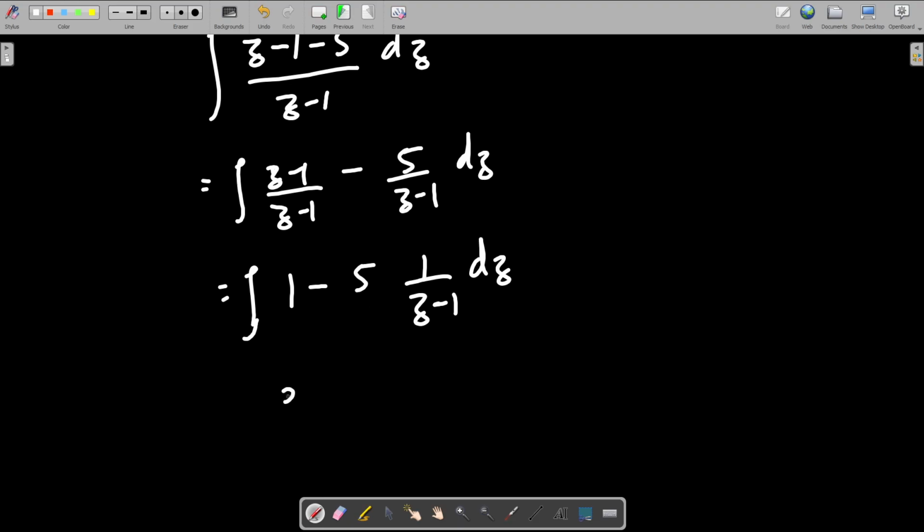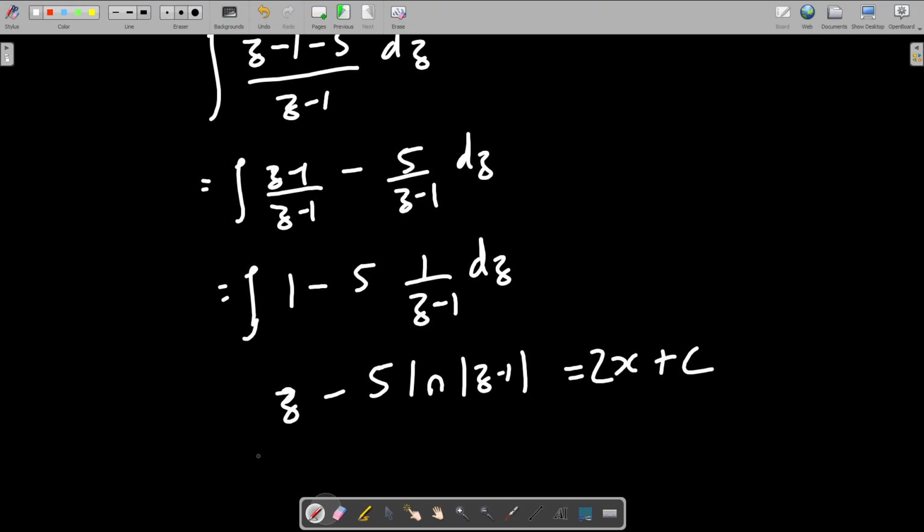Okay, so this integral becomes z, and this becomes 5 times ln of modulus of z minus 1. Okay, and this on the other side was equal to 2x plus c. Okay, so what is this thing z?